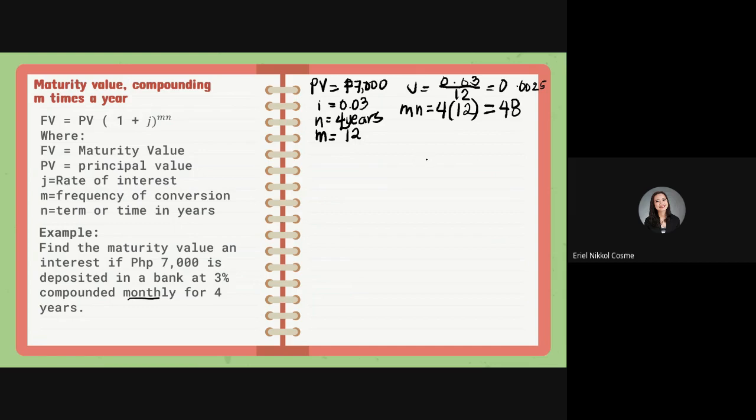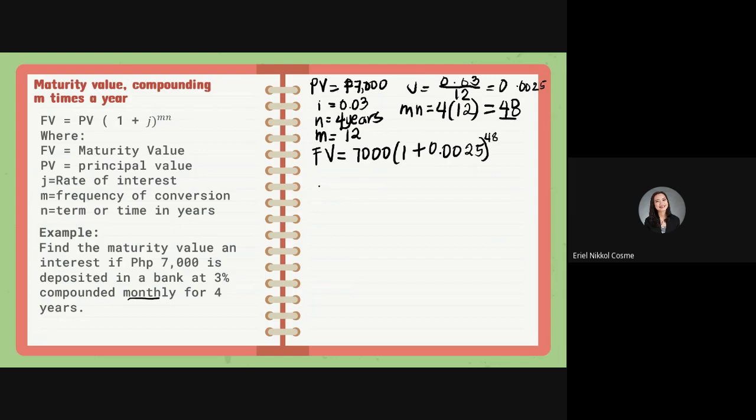Now, we have all the given values that we can substitute into our formula to find the maturity value, because we are looking for the maturity value in this problem. So you have FV is equal to PV, which is 7,000, times 1 plus J, which is 0.0025, raised to 48.